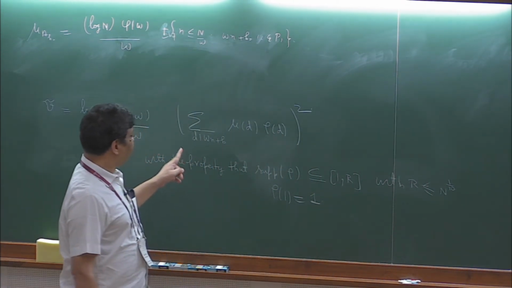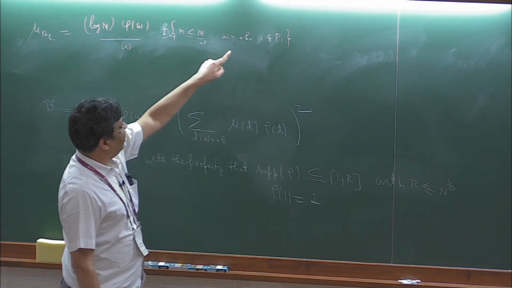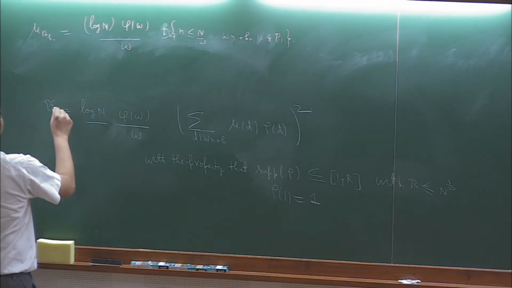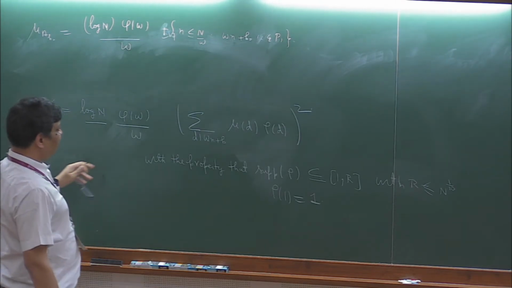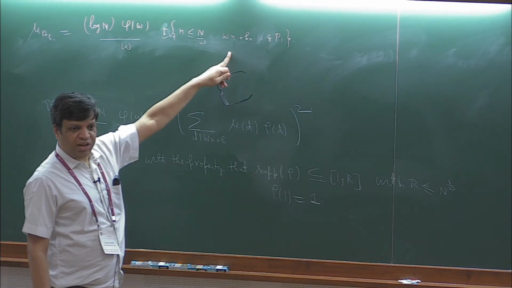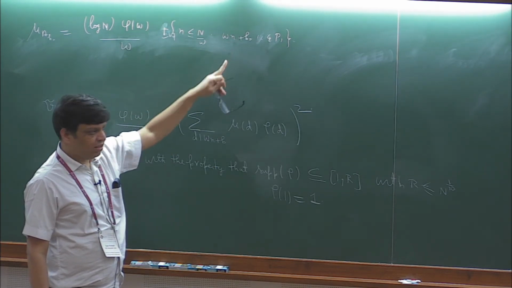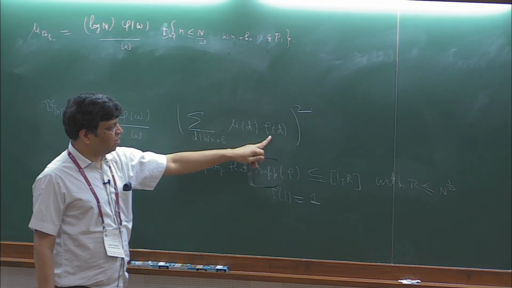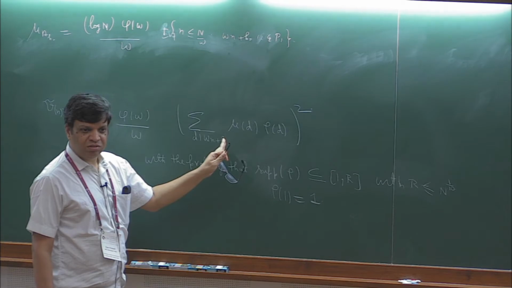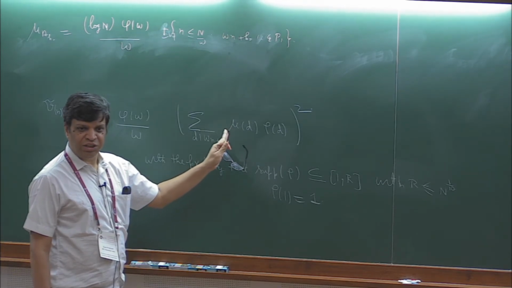So if Wn + b is a prime belonging to P1, only those d's count which are in the support of rho; for the others it is anyway 0.